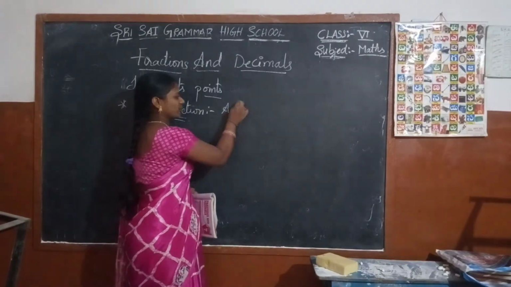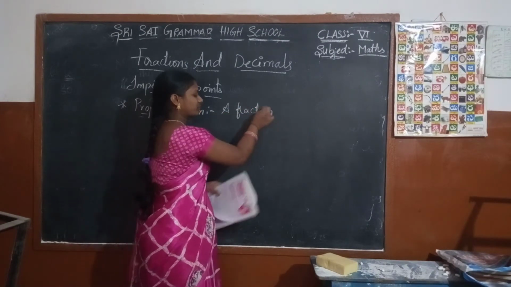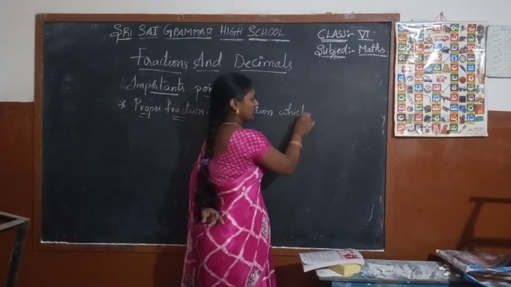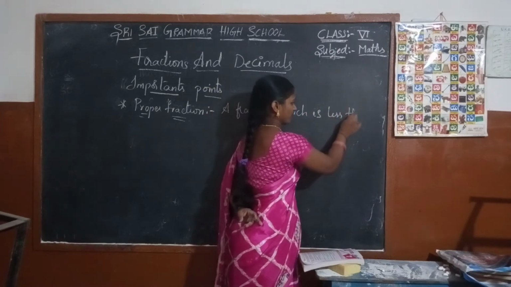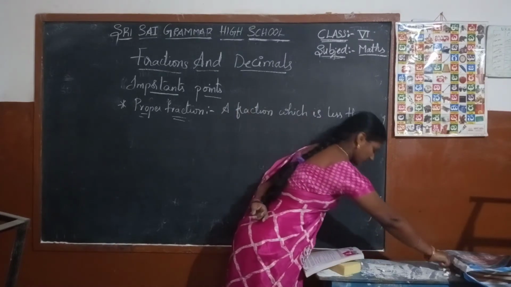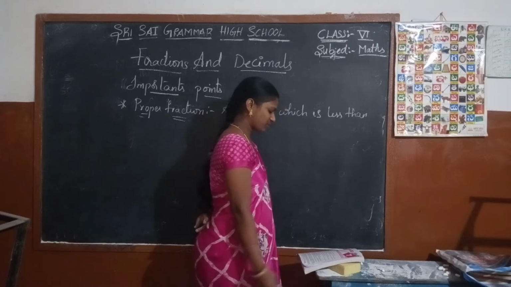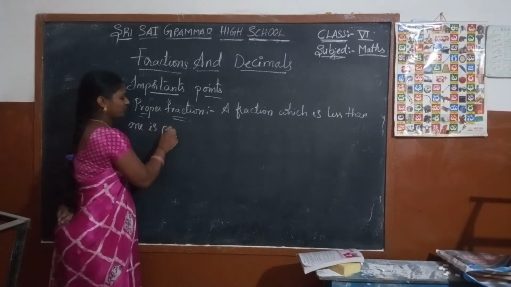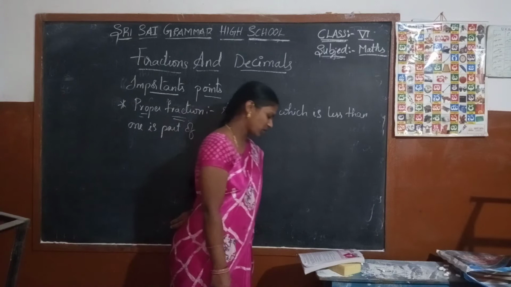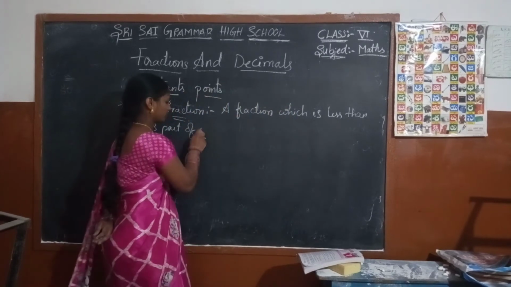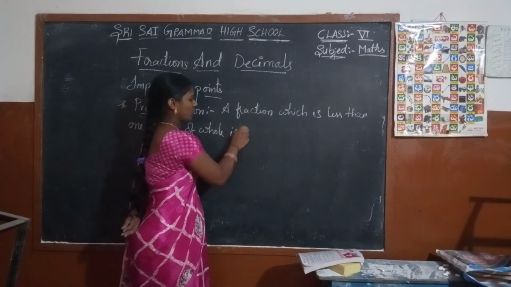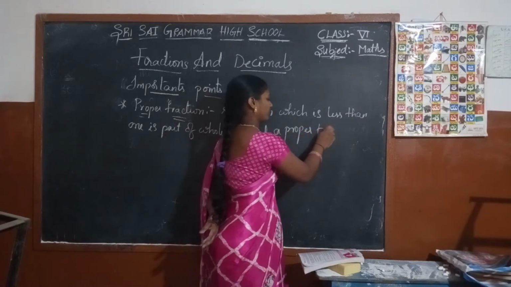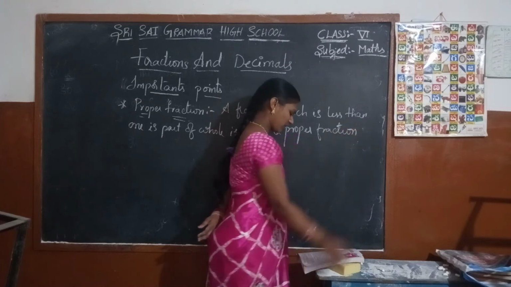A fraction which is less than 1 and is part of a whole is called a proper fraction.